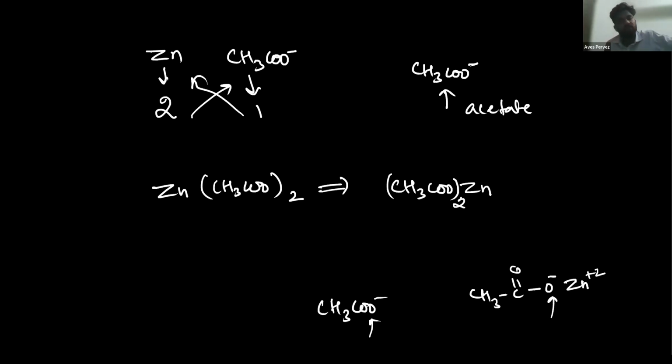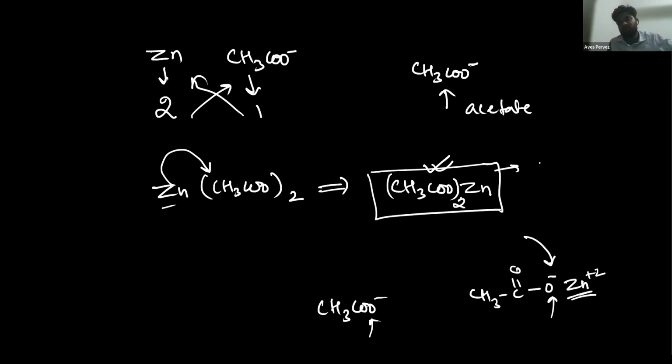This single oxygen ion is having minus charge, so this zinc will attach with this one. If you write it the other way, it means that it is attached with carbon. No, it is not attached with carbon. So the correct way to write the formula for zinc acetate is this one. Zinc acetate. Got it?